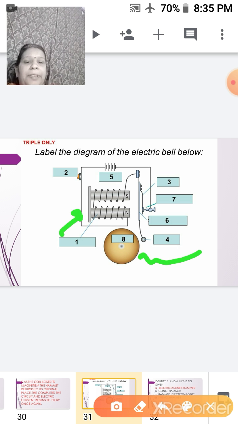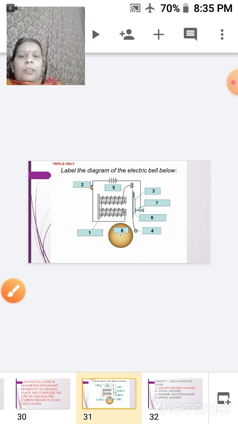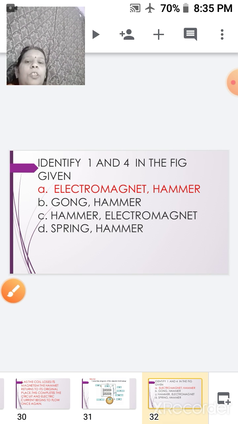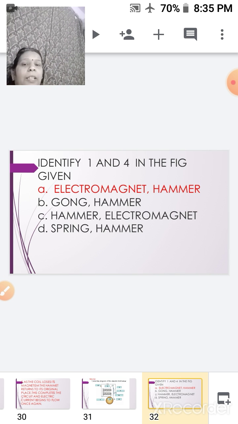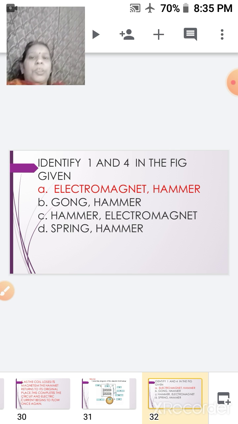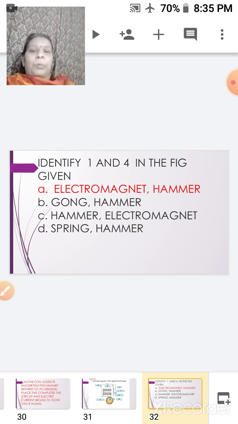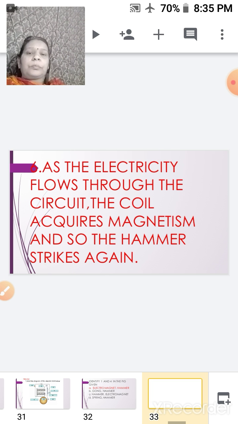So you have to identify this from the figure. The options are electromagnet and hammer, gong and hammer, hammer and electromagnet, spring and hammer. Here the answer is electromagnet and hammer.